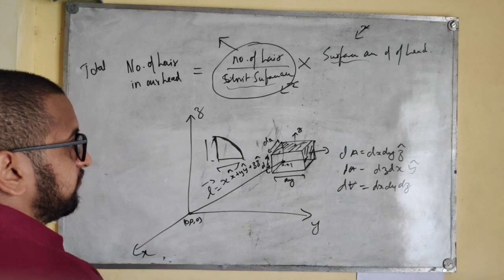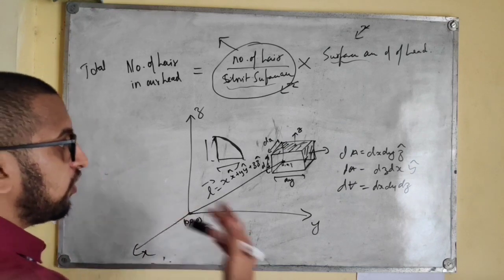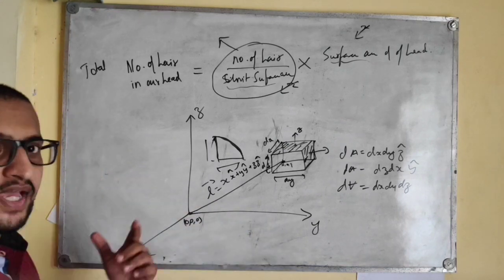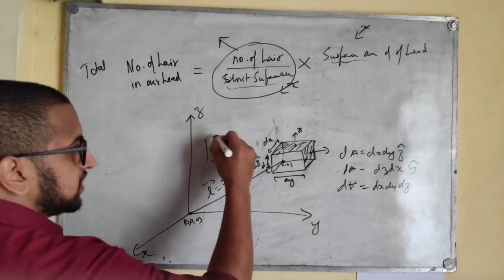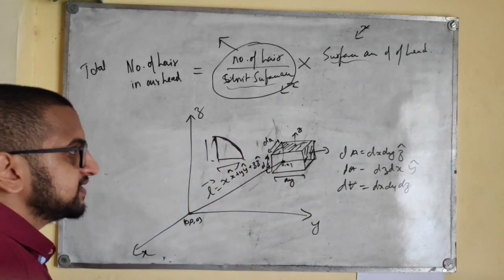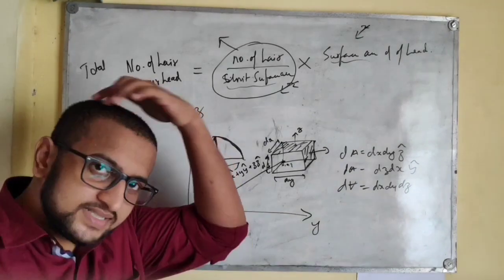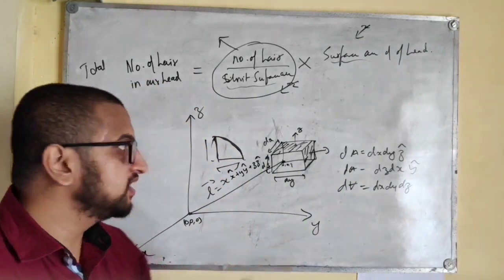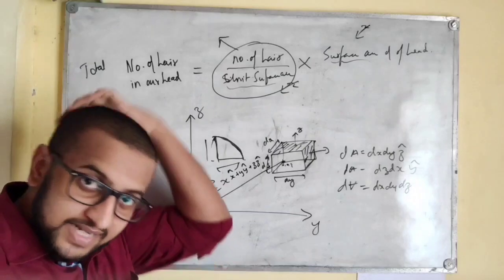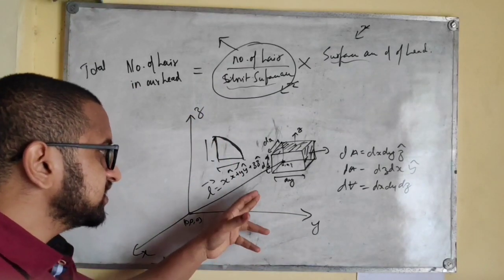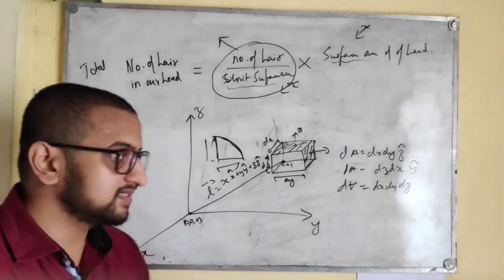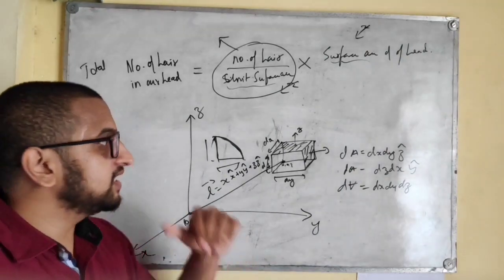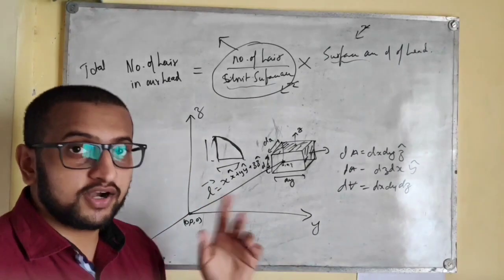That's why we are going to use a different coordinate system, known as the spherical coordinate system, for dealing with curved objects or curved paths. Since our head, let's assume, is the shape of a hemisphere, we are going to have a curved object. So Cartesian coordinates would lead us to tedious calculations. So we are going to use spherical polar coordinates.